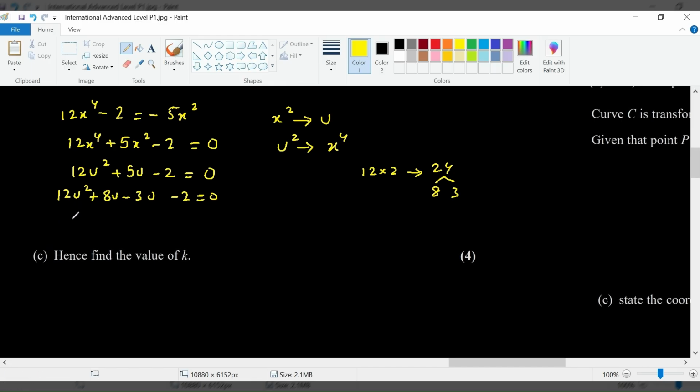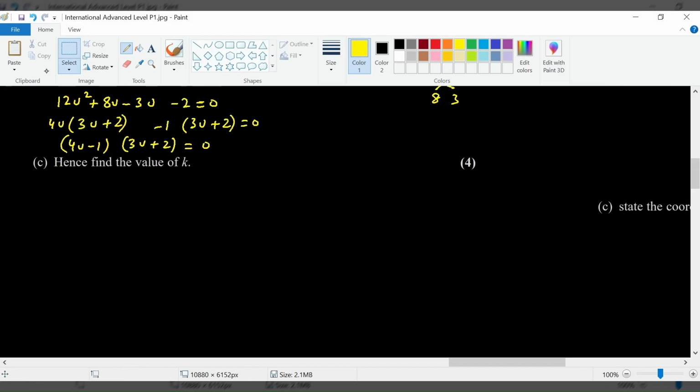Out of the first part, 4u is common, and 4 times 3 is 12, so 3u plus 2. Copying 3u plus 2 once again, for the third term, minus 3u, we already have 3u, so minus 1. So 4u minus 1 is the first factor, and 3u plus 2 is the second factor.